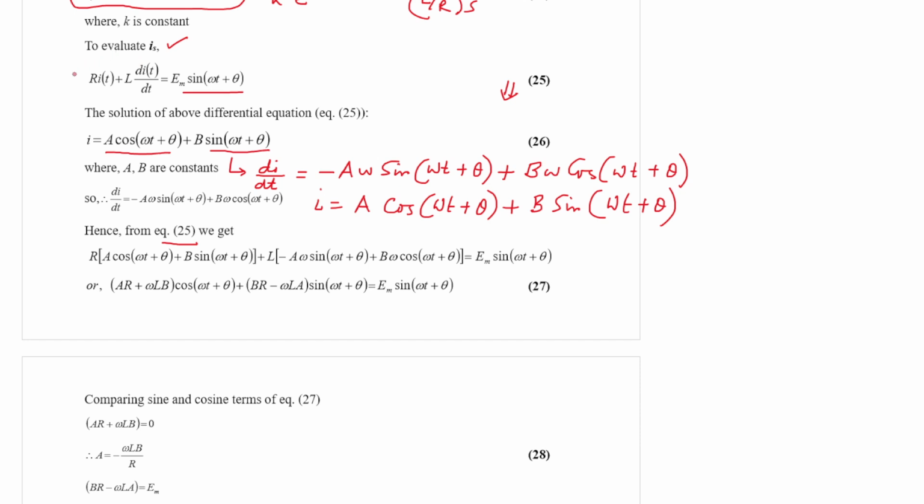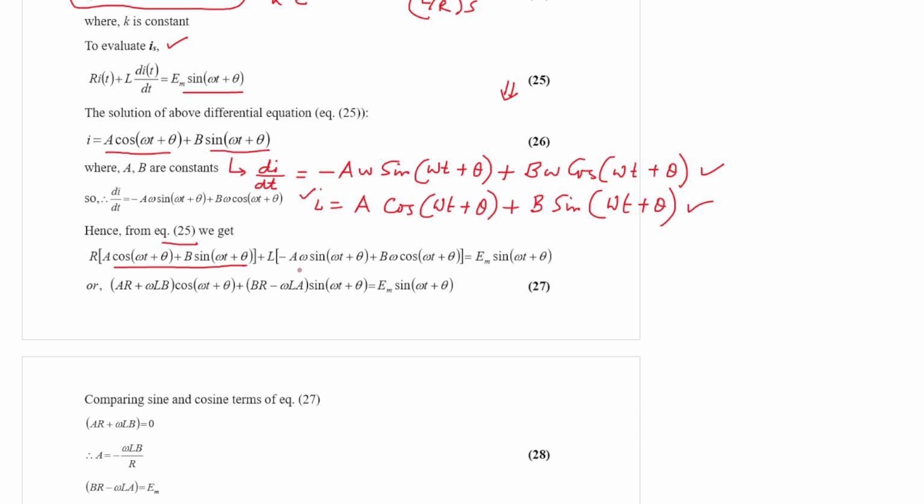You straight away substitute I(t) equal to this and dI/dt equal to this into equation 25. So equation 25 becomes R into I(t), which is A cos(omega t plus theta) plus B sin(omega t plus theta), R into I, plus L dI/dt.